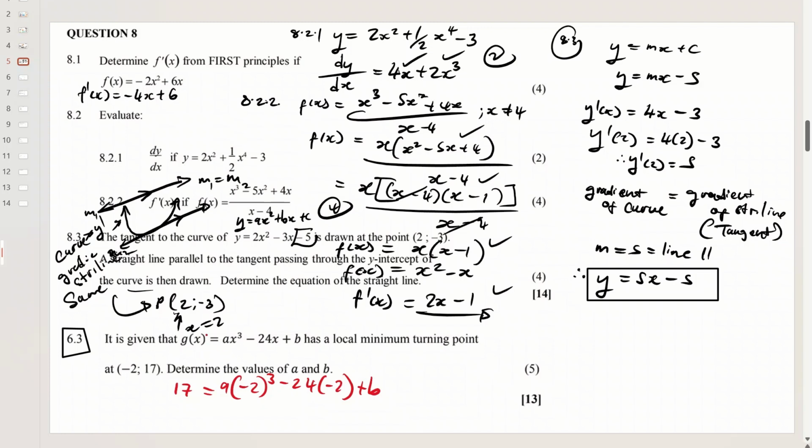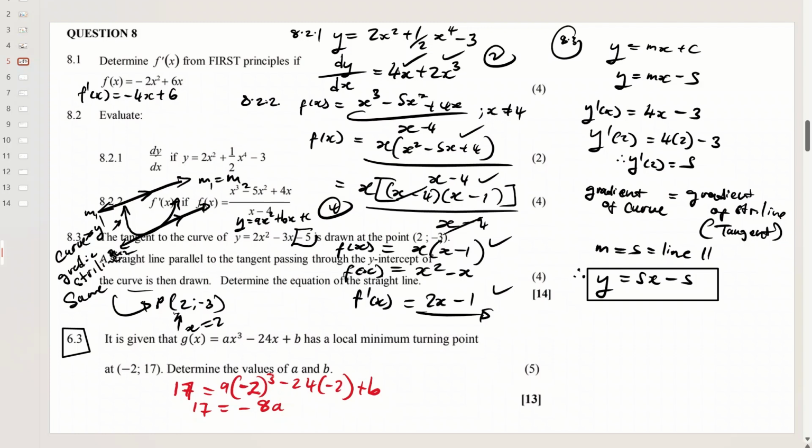So now you are going to say, okay, if y is 17 and x is negative 2, let's see where this takes us. That's our first step. So now this is 17 equals a into negative 2 times negative 2 times negative 2, that's negative 8, so negative 8a.